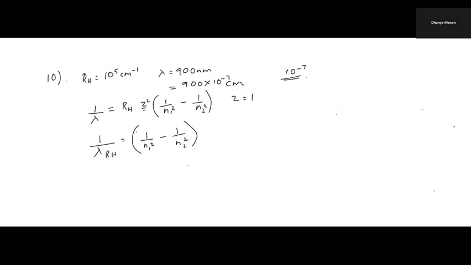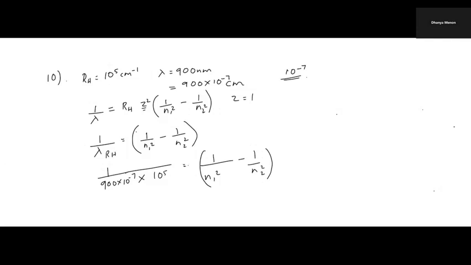When you know n1 and n2, we will know from which energy orbital the electron jump has taken place. Now, we know the value of lambda and the Rydberg constant. So 900 times 10 raised to minus 7 times 10 raised to 5 is equal to 1 by n1 square minus 1 by n2 square.